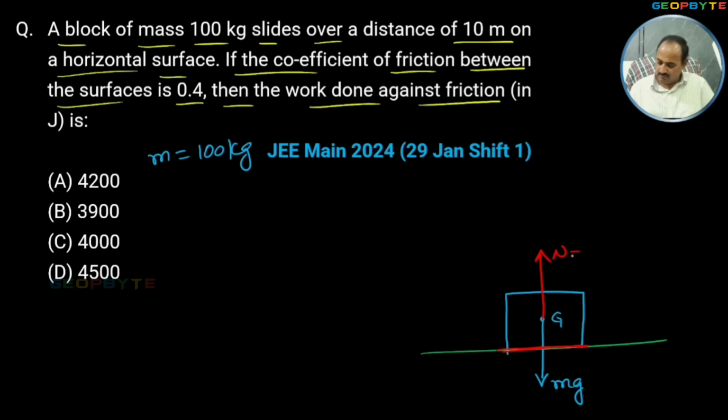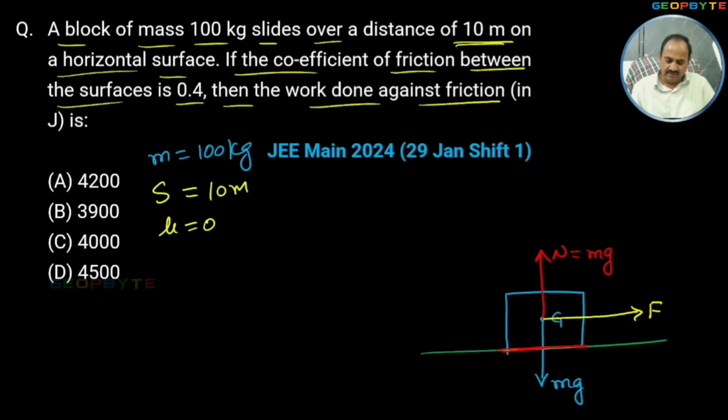Of course, N equal to mg only. Now I am going to apply some external force on the block. Then that block is moving to a distance s, given as 10 meters. Coefficient of friction is given as 0.4.